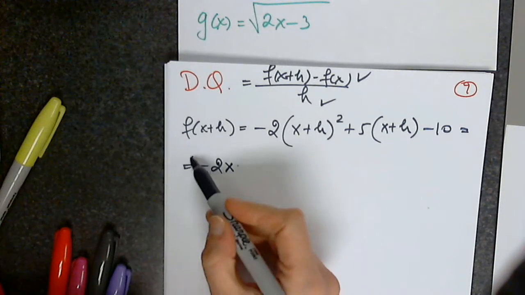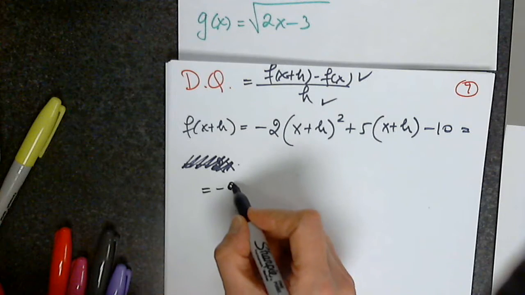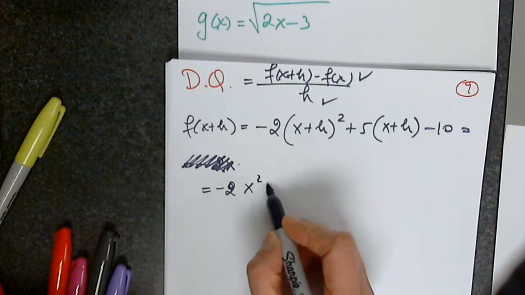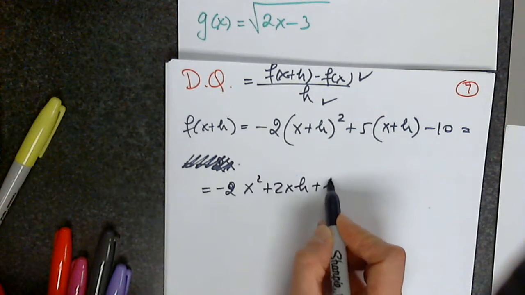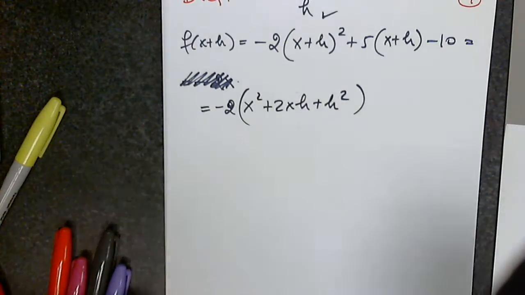Good. So I have to copy -2 and then x squared plus 2xh plus h squared. Awesome. Good. That makes me happy.